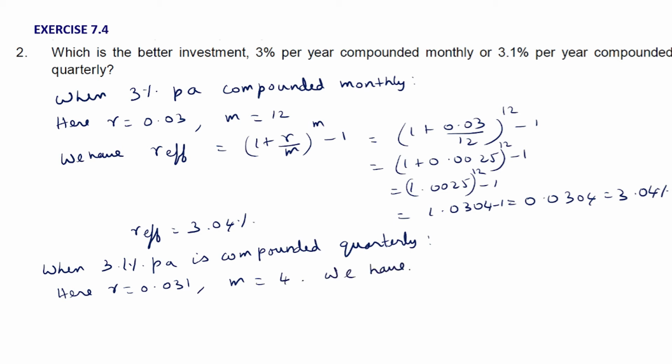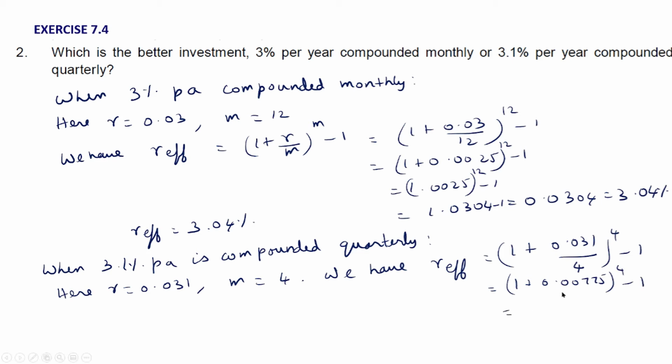We have effective interest rate is equal to (1 + r/m)^m − 1, so it is (1 + 0.031/4)^4 − 1. So it is (1 + 0.00775)^4 − 1. Here 1.00775 raised to 4 comes out to be 1.03136 − 1. So it is 0.03136.